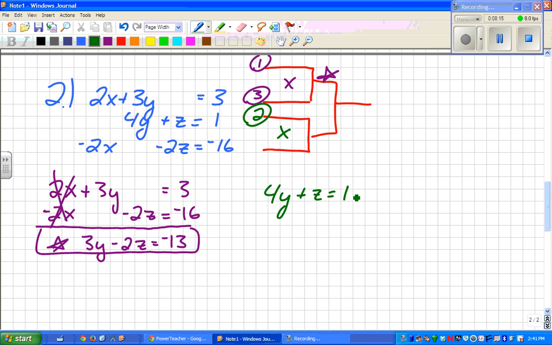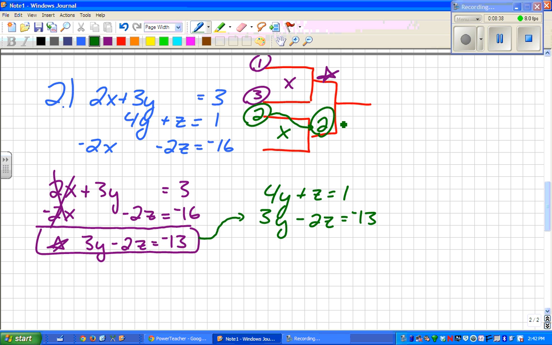Now this one does not have an x, but if you look at your start equation as well, your start equation doesn't have an x either. So what we've been able to do is skip a step. We can go straight with equation 2 and then use the start equation to help us cancel out another variable.